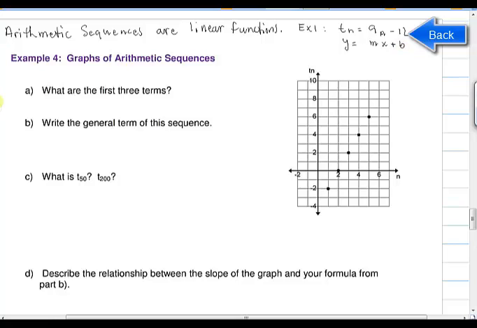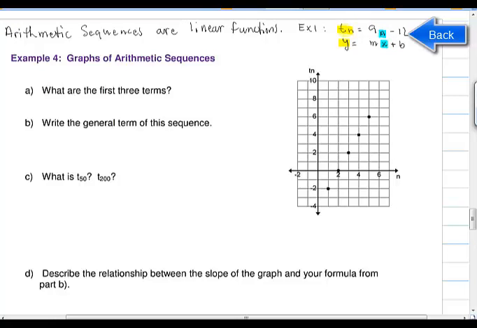If you take a look at both equations or formulas, you will see that the t subscript n and the y are in the same position. And you will see that the n and the x are in the same position. Okay, so this does give us some information.